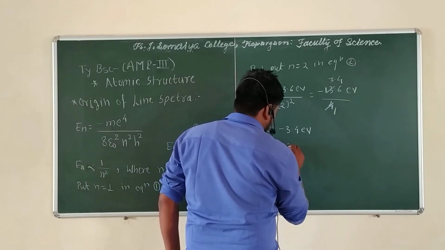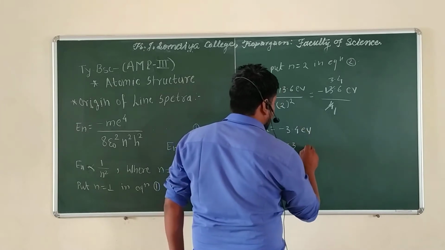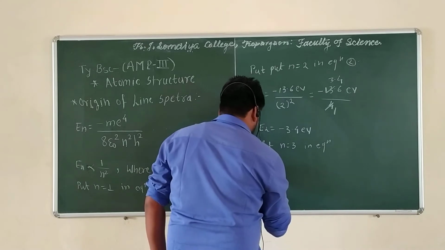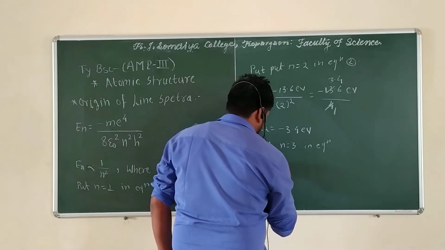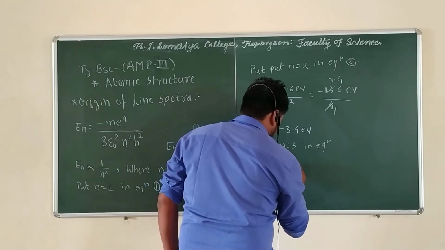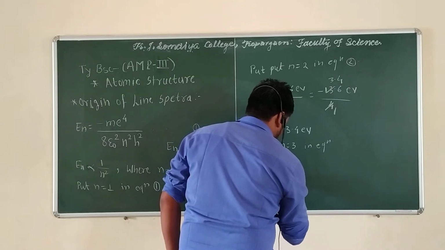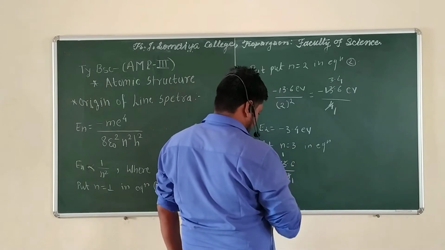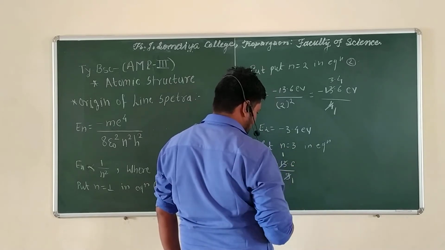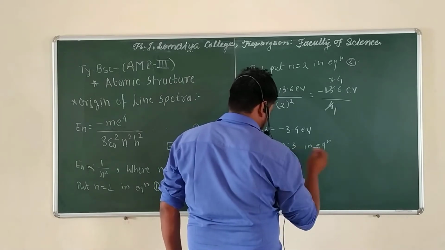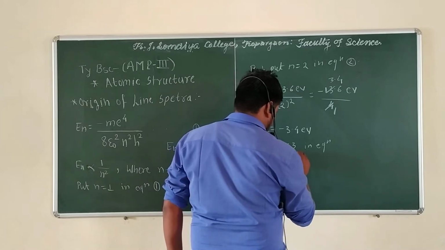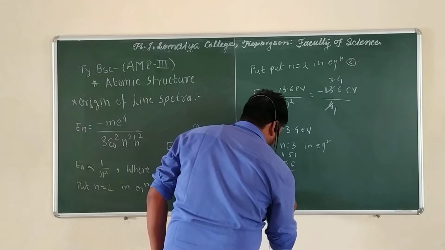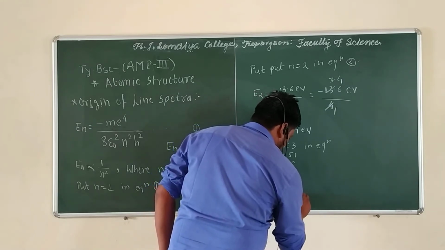And if we put n equal to 3 in equation 2, we get E3 is equal to minus 13.6 divided by 9, which gives 1.51, so E3 is equal to minus 1.5 electron volt.